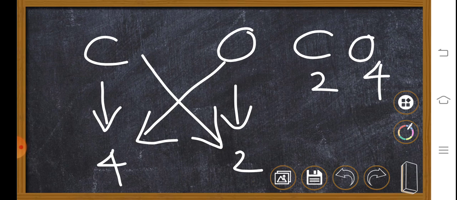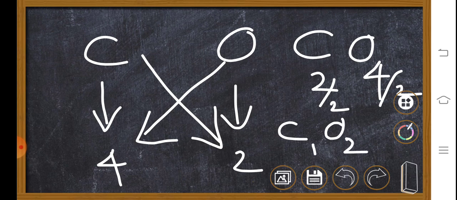We can divide this 2 and 4 by a common number, 2. We divide 2 by 2 and 4 by 2, and we get C1 and O2, and we write the chemical formula as CO2.